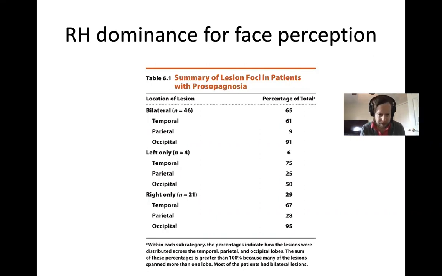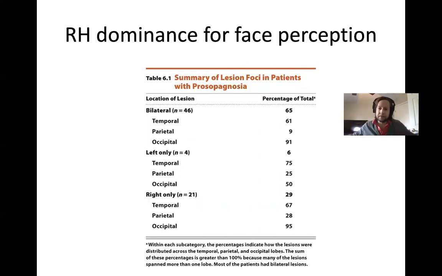So what this shows is that about 80% or so of people that have prosopagnosia with a unilateral lesion are going to have that lesion on the right hemisphere of the brain, which does support McGilchrist's claim that prosopagnosia is caused primarily by right hemisphere brain damage.